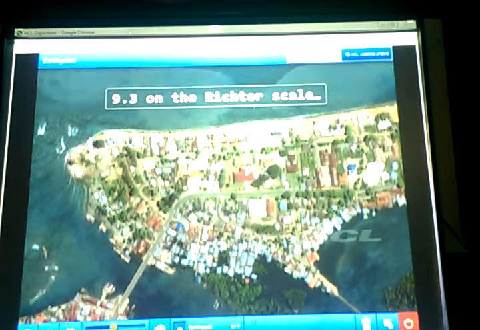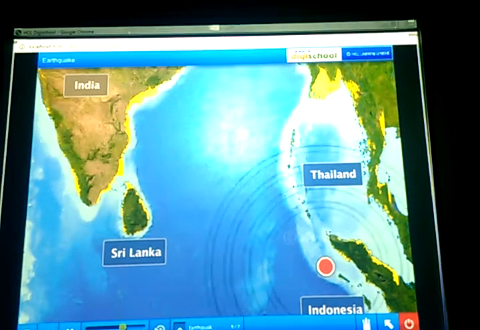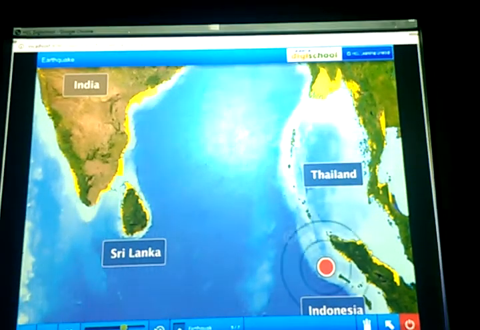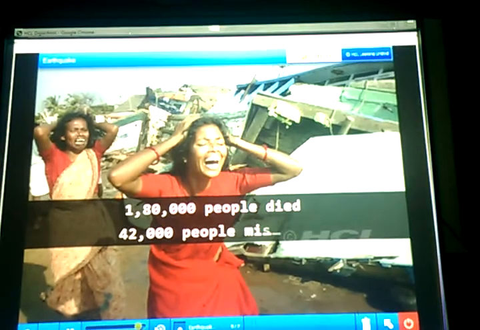As the earthquake was a major undersea one, it triggered a devastating tsunami wave. This impacted countries such as Indonesia, Thailand, Sri Lanka, and India. According to the United Nations report on the earthquake, nearly 180,000 people died and over 42,000 were reported missing.